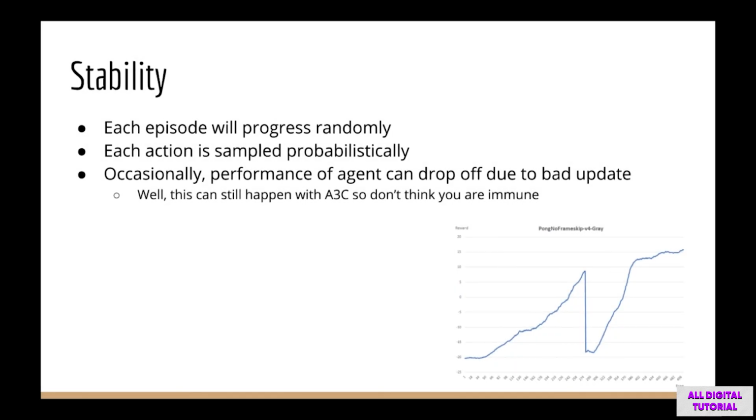But there's another big advantage to doing things this way. Remember that there's always some randomness in each game. Each game isn't going to start the same way, and each action sampled from a probabilistic policy will vary. So every game that the workers play is going to be different. If you recall, sometimes in reinforcement learning, the performance of our agent can drop off sharply due to a bad update.